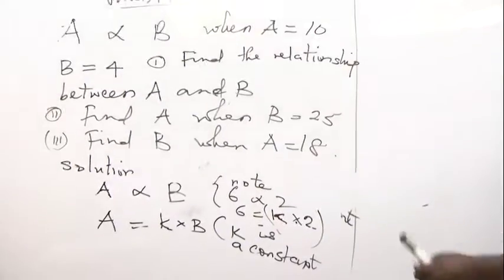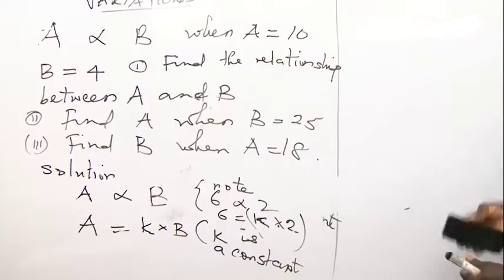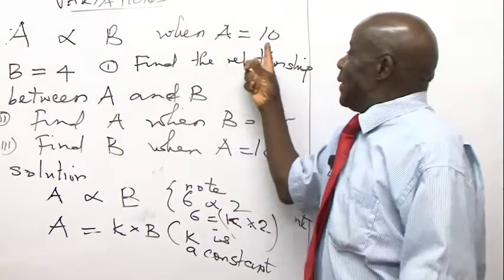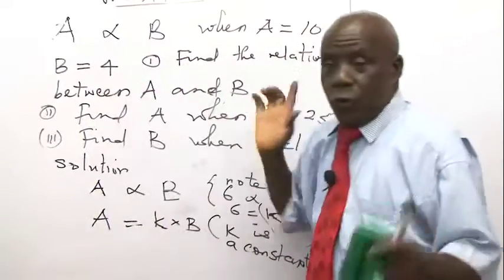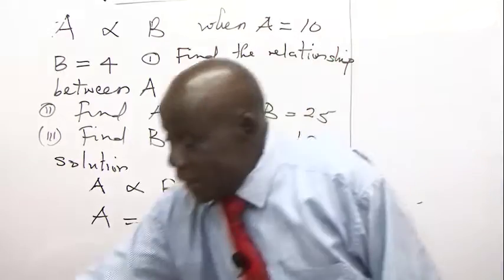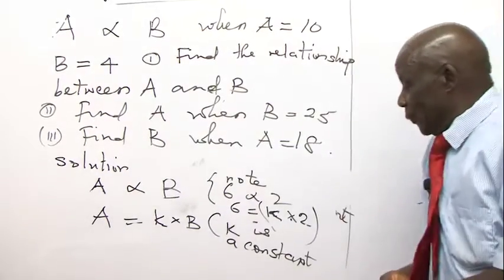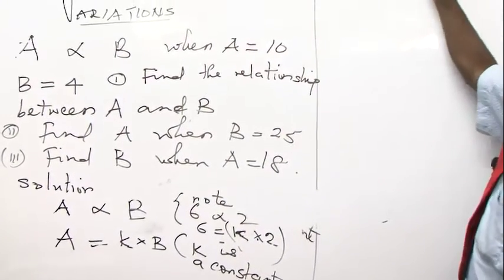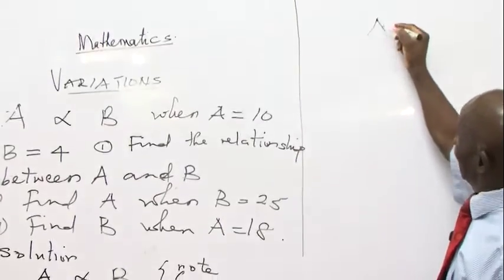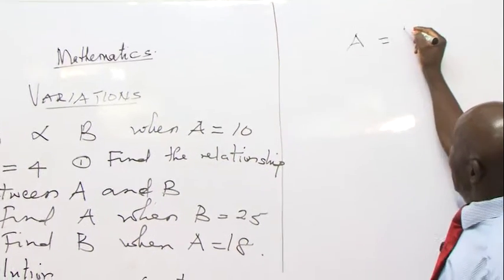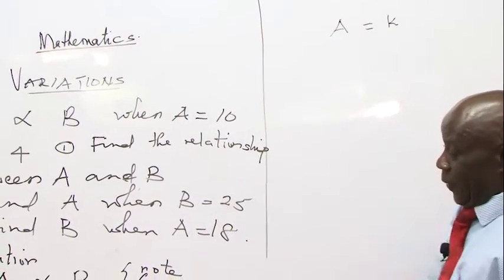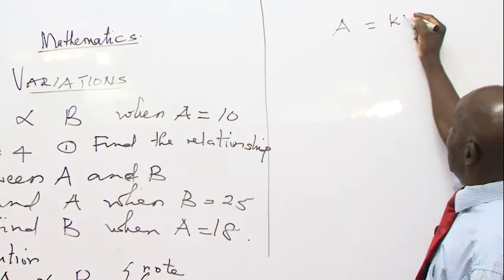We are given some information. The first thing: when A is 10, B is 4. Let me write A is KB.